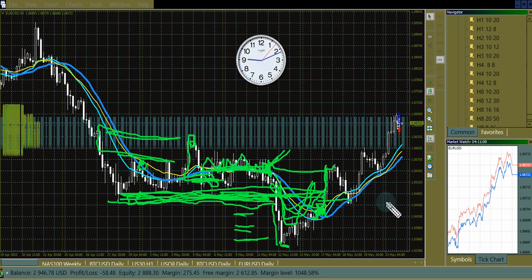So if you're Alexander Elder entries, you're going to get in here, and you're going to get in here because you're looking for it to come back to the river, to the mean value, and this is also a confirmation in structure.